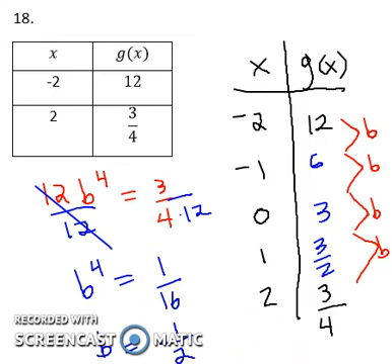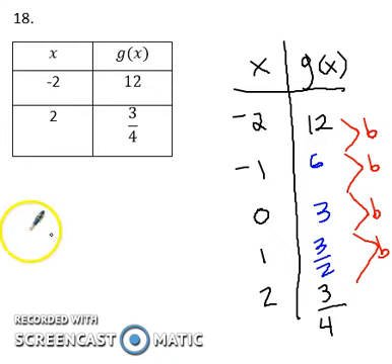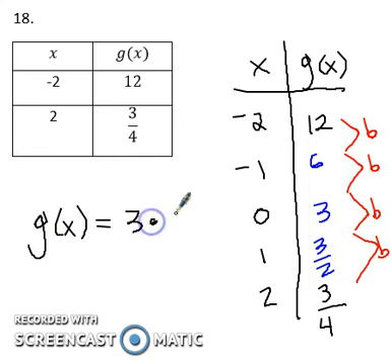This gives me everything I need. I have my b value, which is 1/2. I have my initial value, which is 3. So I can write my exponential function. It is 3 times 1/2 to the x power.